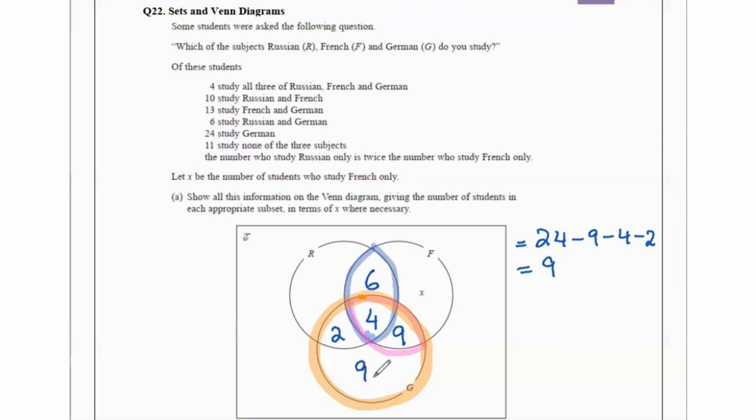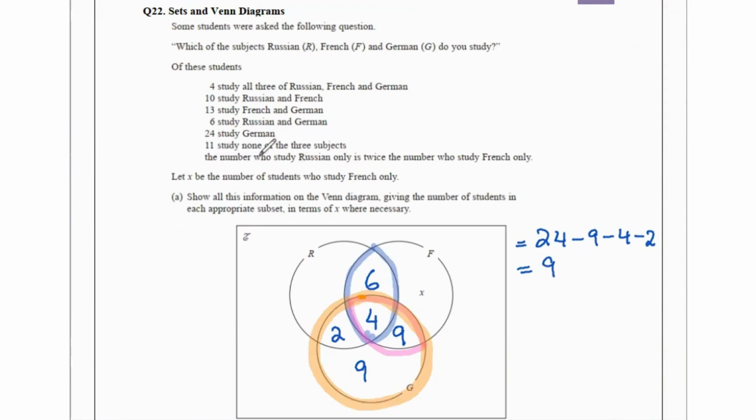So 9 people just study German, whereas 24 people study German. There's a difference between just studying German and studying German, because those 24 people who are studying German can study some other language as well, Russian and French in this case. But these 9 people only study German, no other language.